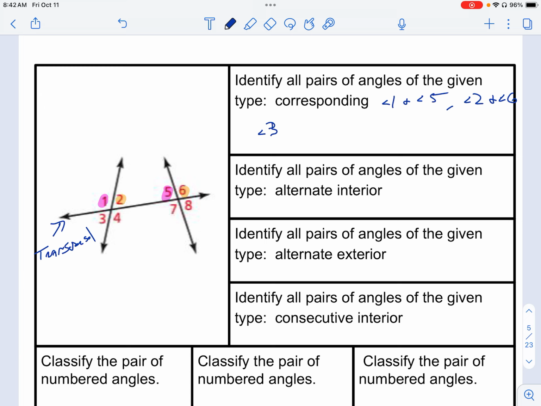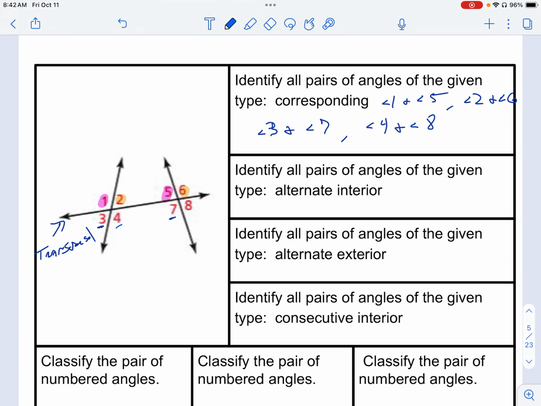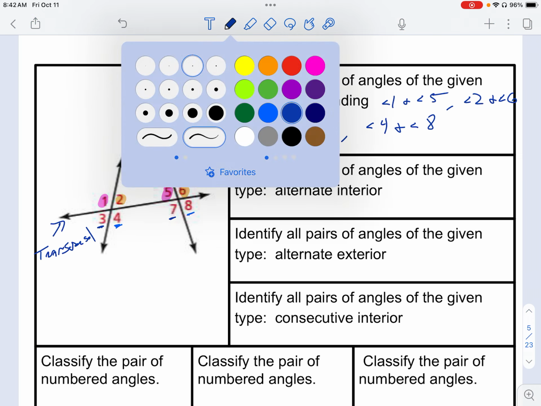Angle 3 and angle 7. Then angle 4 and angle 8. You can see same side of transversal, same relative, both above or below the lines that we're intersecting.